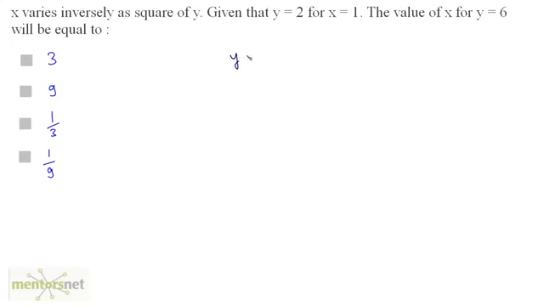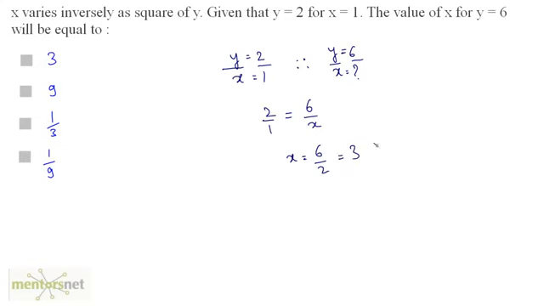So we have y equals 2 when x equals 1, and y equals 6, and we have to find the value of x, right? So taking the ratio, we can write it as 2/1 is equal to 6/x. So x is equal to 6/2, and that is 3, and you may mark option 1 as the correct answer.